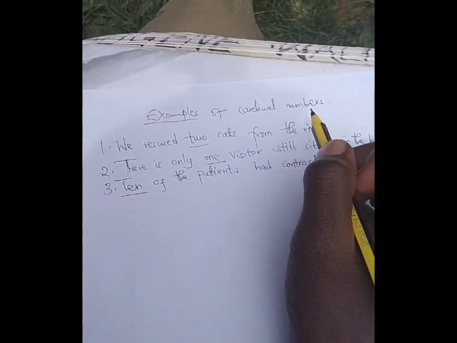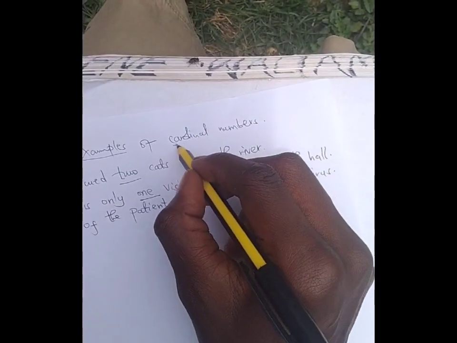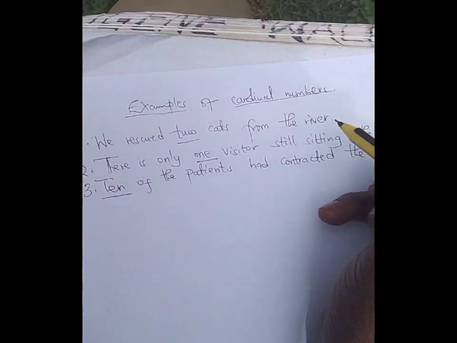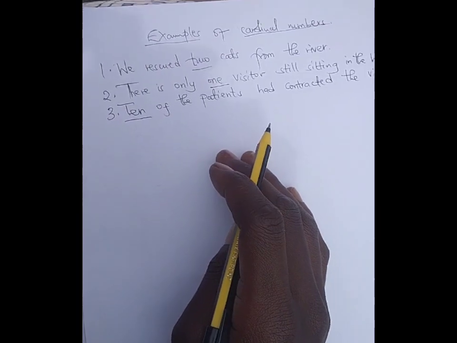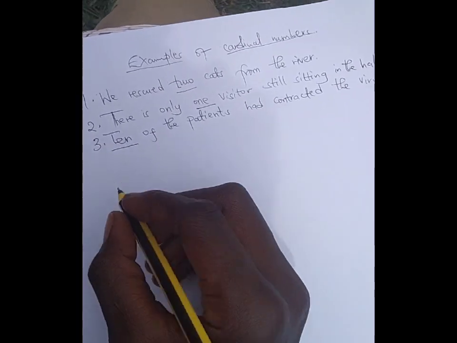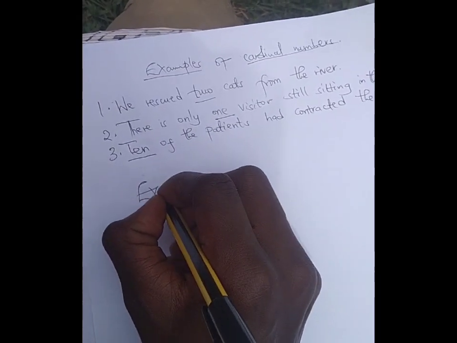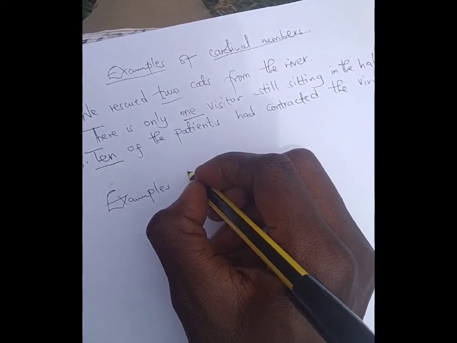So if you haven't gotten the examples clearly, you can stop the video and go back and ensure to write all the examples. Moving on to the examples for ordinal numbers.